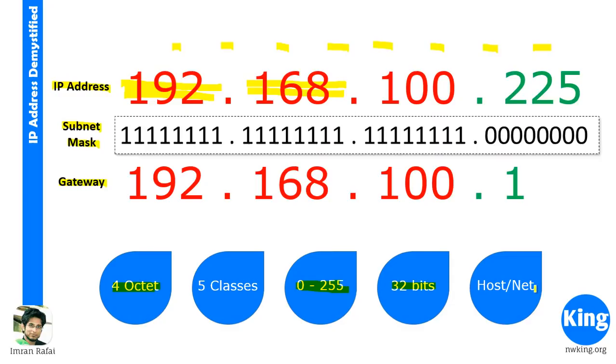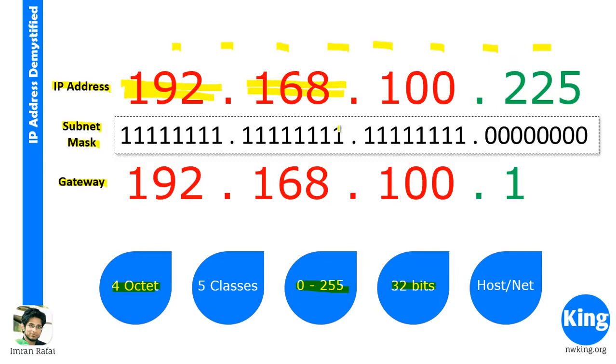Next, we deal with the host and network concept. Every IP address has two pieces of information. It has a network field and it has a host field. How do you identify which part of the IP address is the network part and which part is the host part? Well, we do that with the help of the subnet mask.